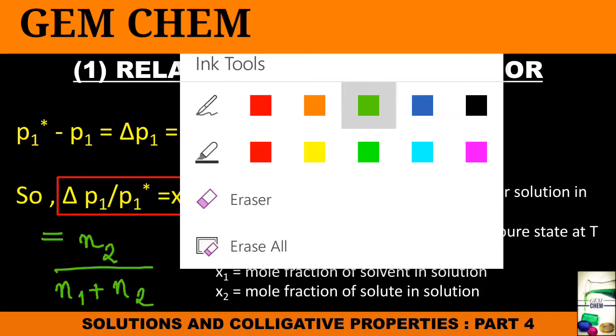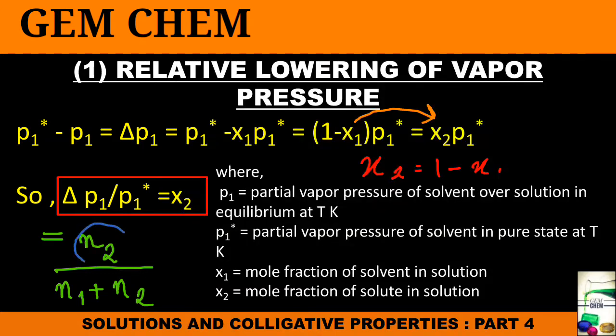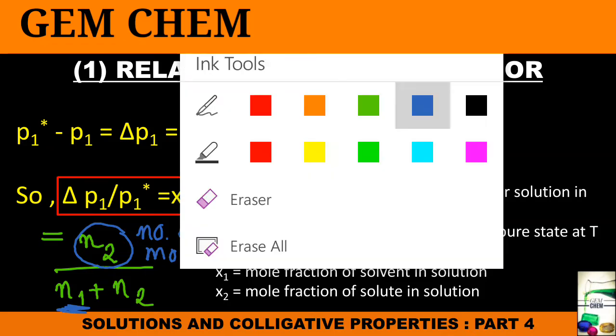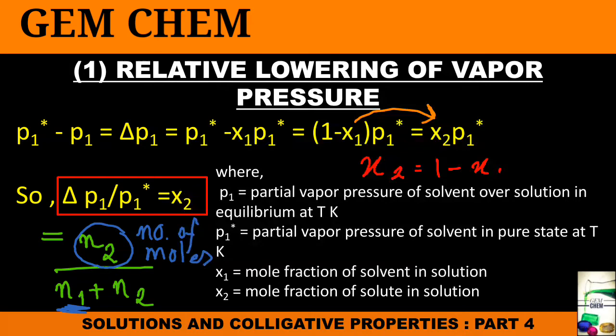So we can also write it in the form of number of moles, where N2 is the number of moles of solute and N1 is the number of moles of solvent. If the solution is very dilute, then the solution contains mostly solvent molecules in excess. So we can also write it as number of moles of solute by number of moles of solvent, and we can ignore the value of N2 in the denominator.